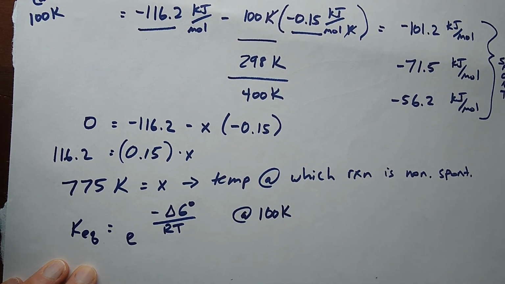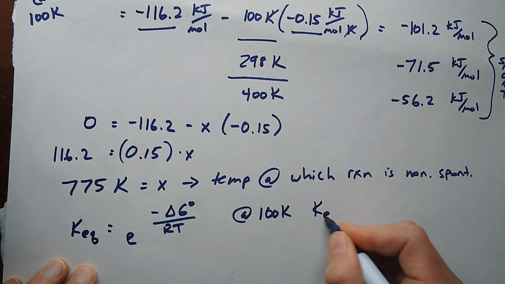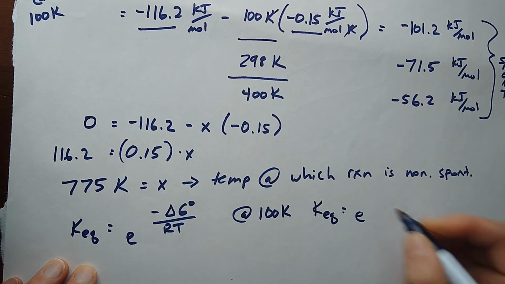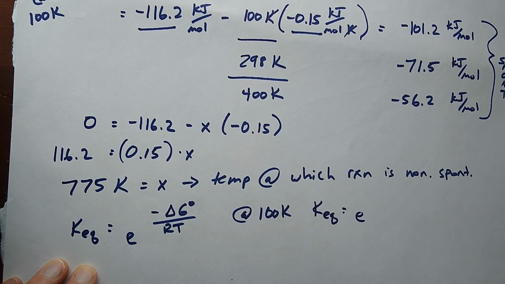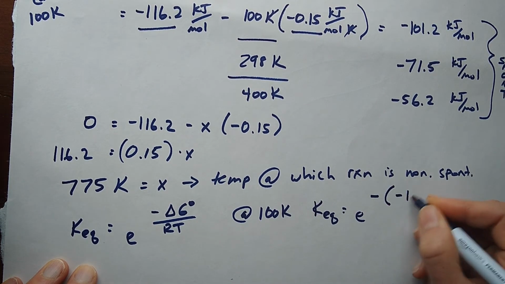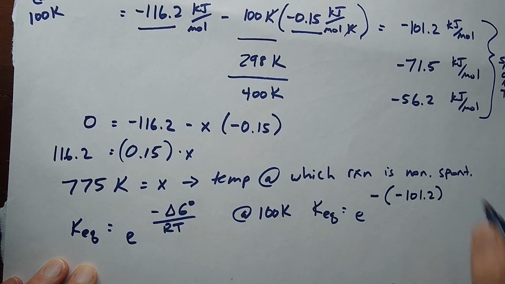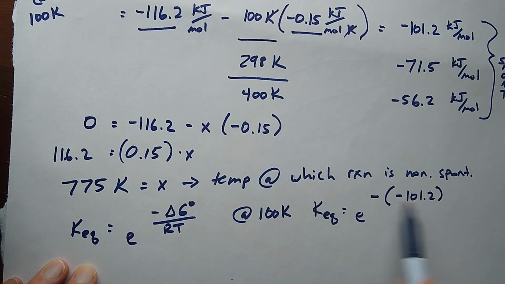At 100 Kelvin, KEQ equals e to the negative 101.2. That's my delta G term, and I had to put a negative sign on that.